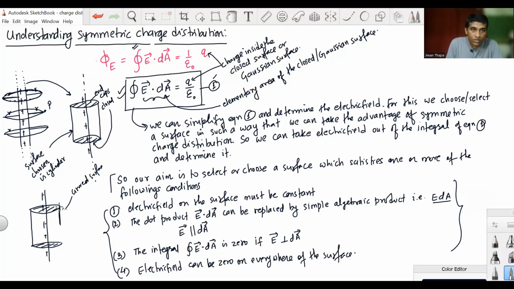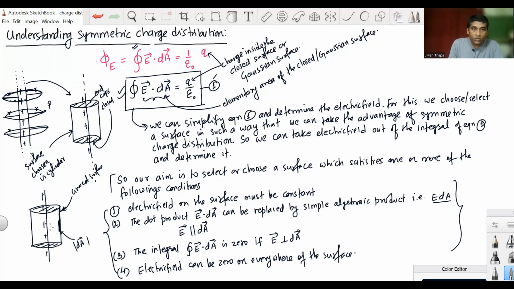So this is straight. Now this is a closed surface. Now let us take a small elementary area on the curved surface, and let the magnitude of this area be dA.